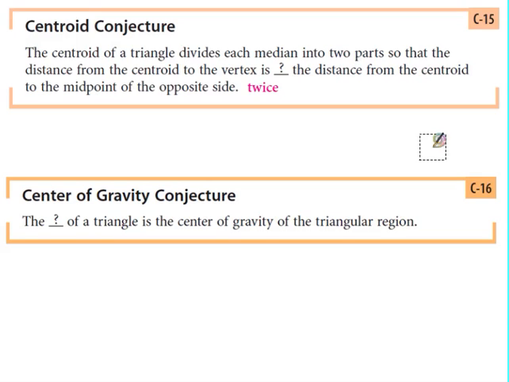That point is known as the centroid. If you put your patty paper on a harder sheet of paper, you could balance that triangle on the tip of your pencil if you place the tip at the centroid. That is called the center of gravity.